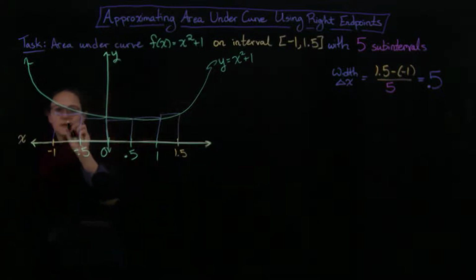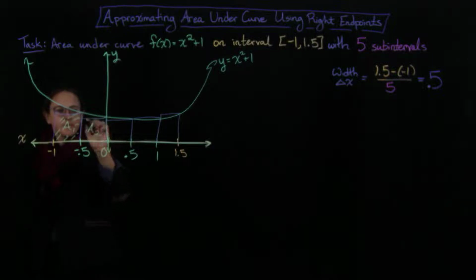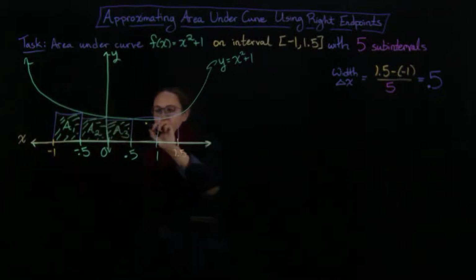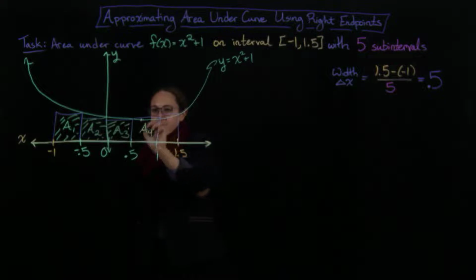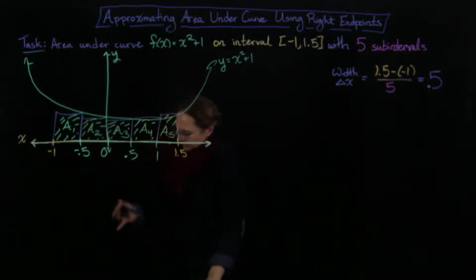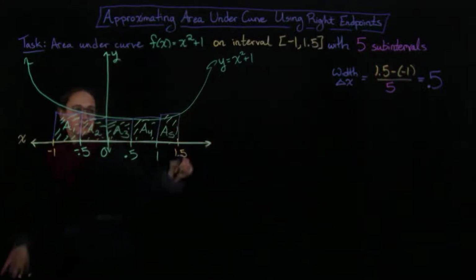So this is area 1, this is area 2, area 3, area 4, and this is area 5. The area that we're approximating is going to be the sum of these.